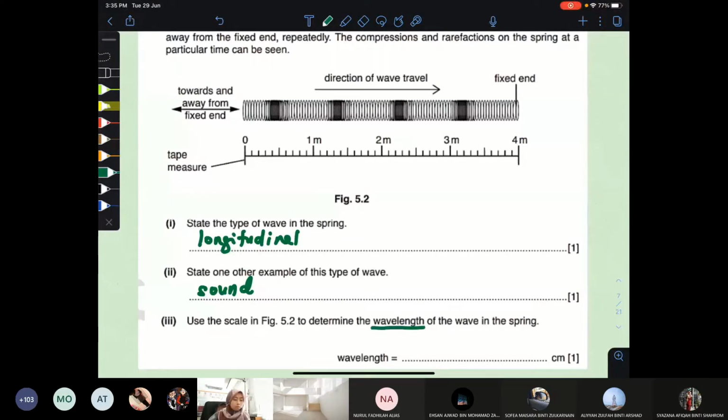Look, questions about longitudinal waves are like this. Okay, so what's the answer? You have done this one, yeah? So what's the answer, class? Students? Are you there?